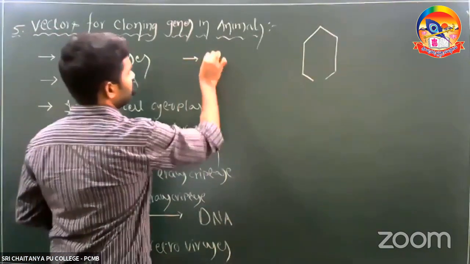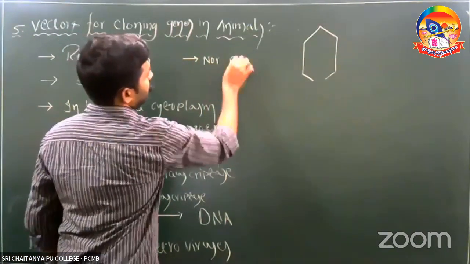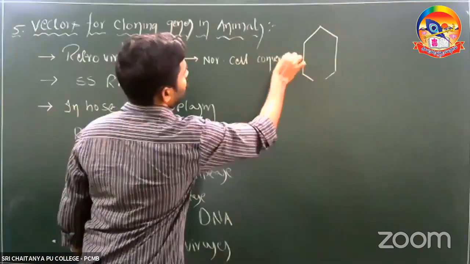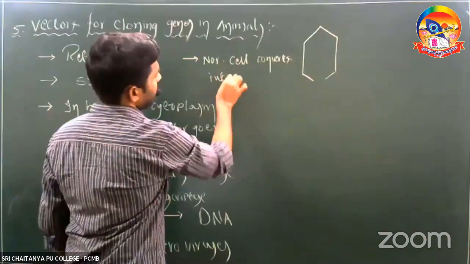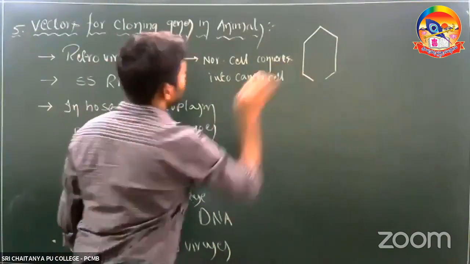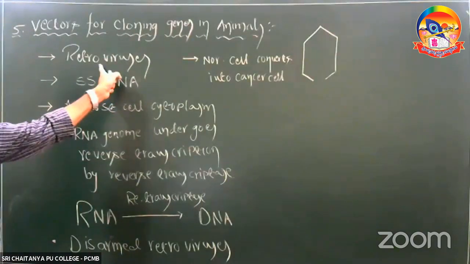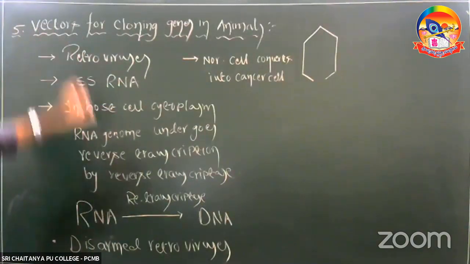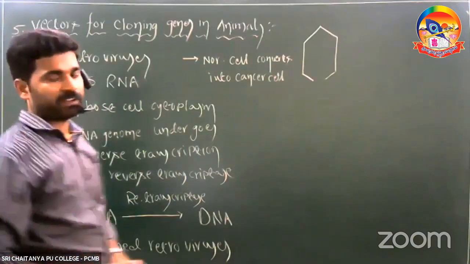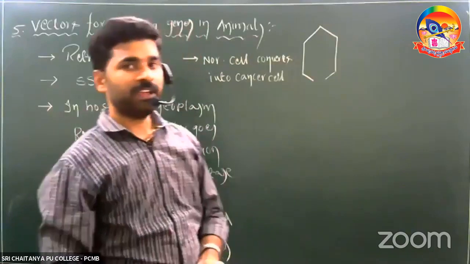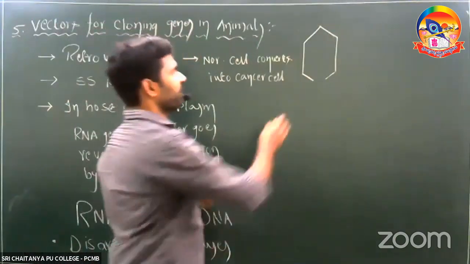So a normal cell is converted into a cancer cell by the retroviruses. But in this process, we are using disarmed retroviruses for amplification of desirable genetic material in animal cells. But how so? We'll see.